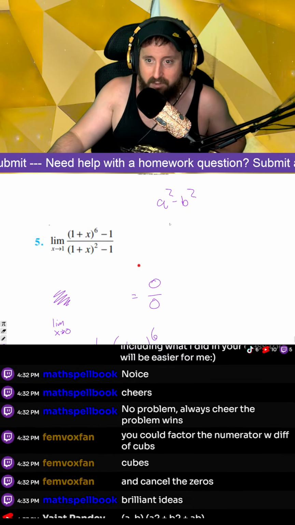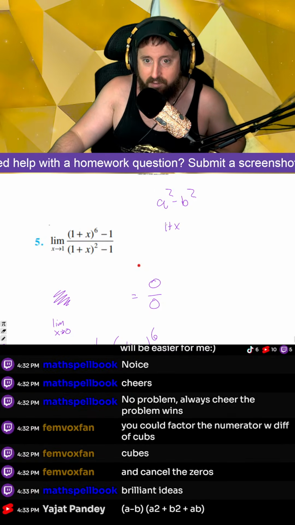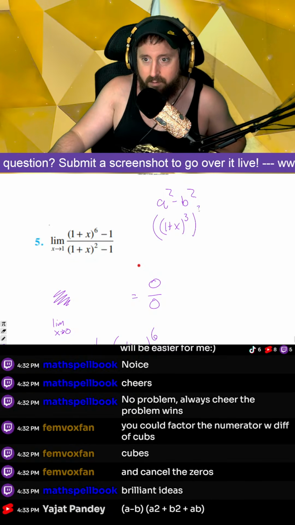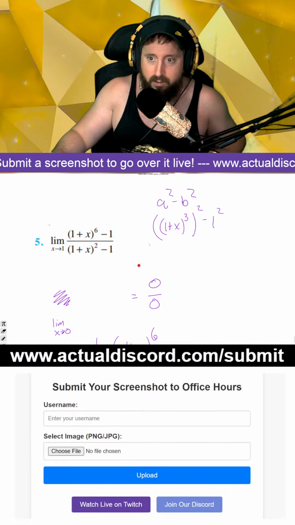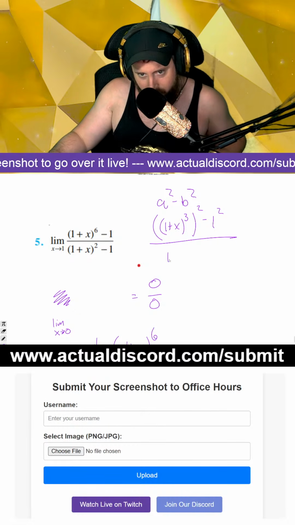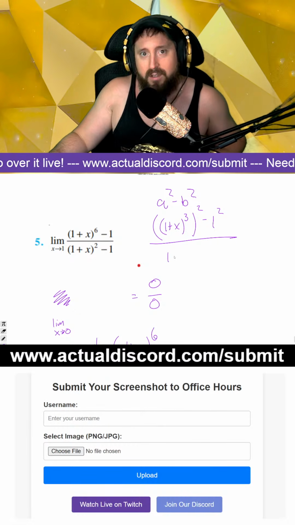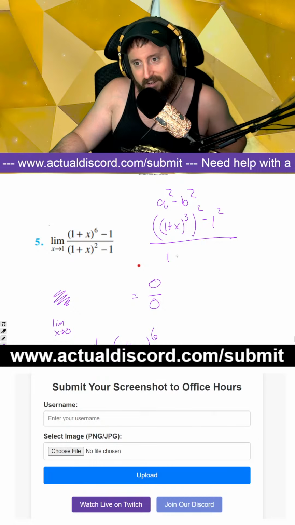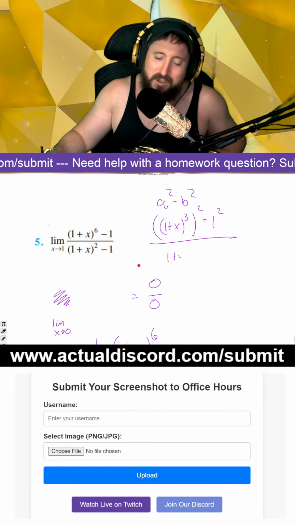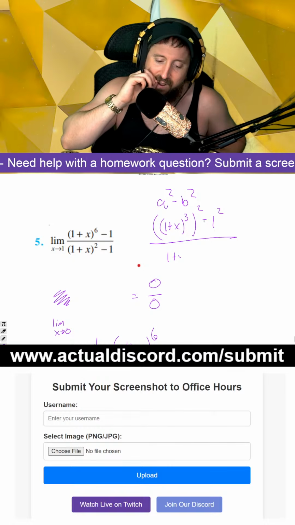That's a very cool way to do it. Yeah, so that would be 1 plus x to the third squared, right? Minus 1 squared over... Oh, I see why this doesn't work. Because then this is 1... Yeah, you need a 1 plus x squared on it, don't you?